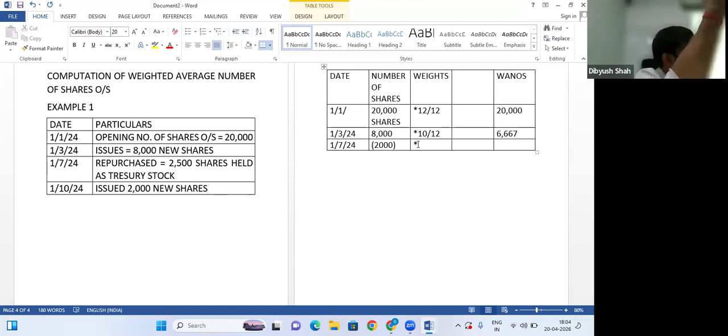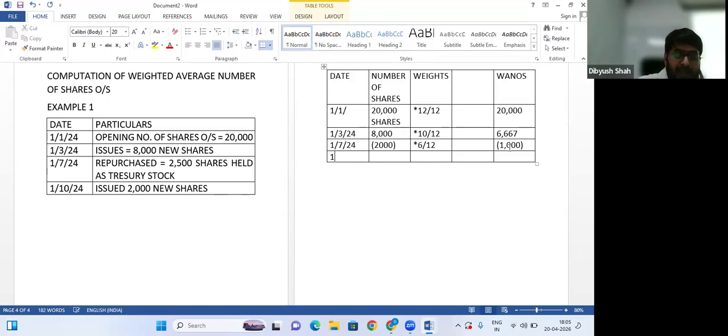Here we are talking about how many months were they not outstanding. 6 months out of the 12. And on 1st of October, the company has issued 2,000 new shares. Again, they were outstanding for only 3 months.